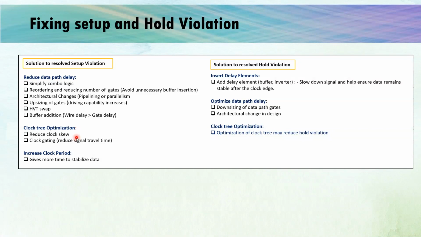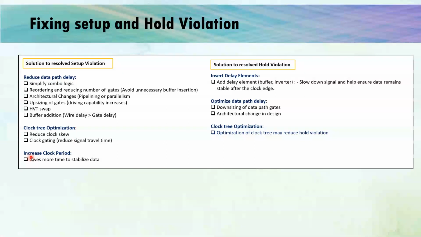So if we can reduce that clock skew, we can reduce the setup violation also. Another important thing is clock gating, which will reduce signal travel time, and if that signal travel time is reduced, it will reduce the data path delay also.